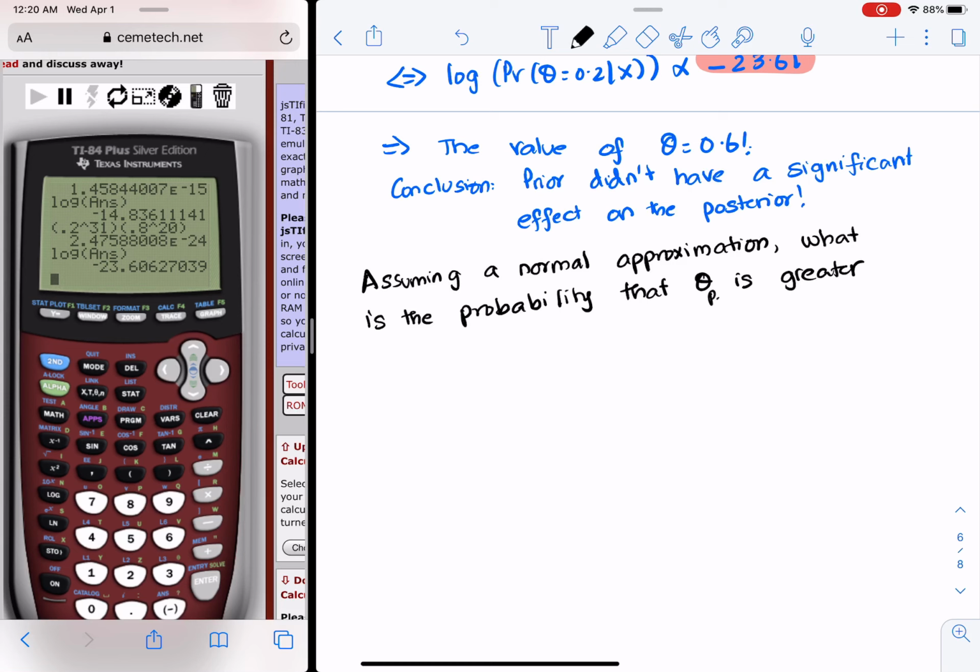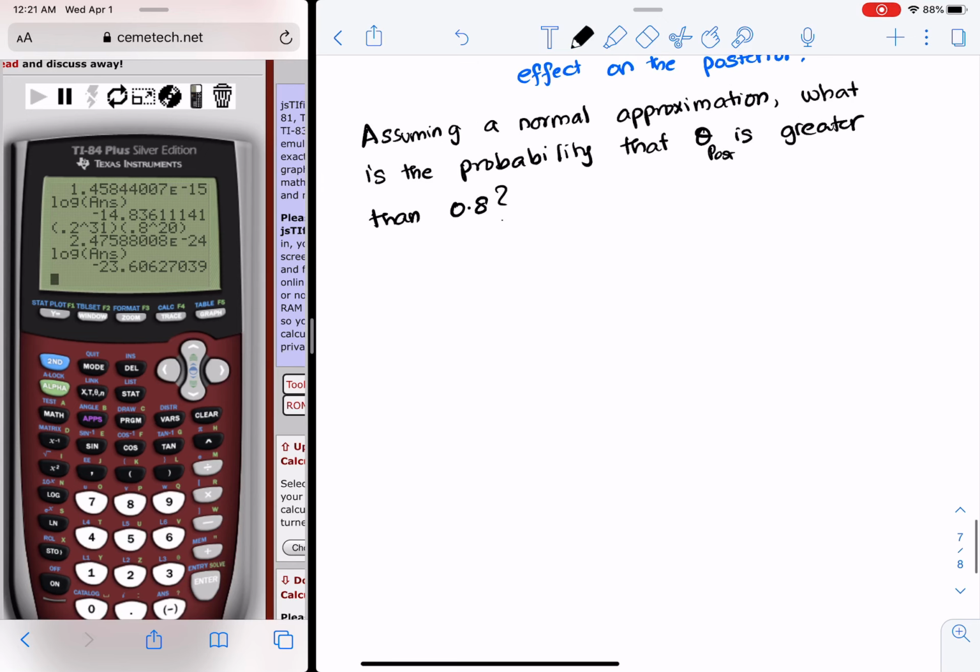So we're going to do theta post is greater than 0.8. Now, even before we start, we are going to expect this probability to be a smaller value, because it seems like the most likely value is about 0.6. So let's see if we can find this value.